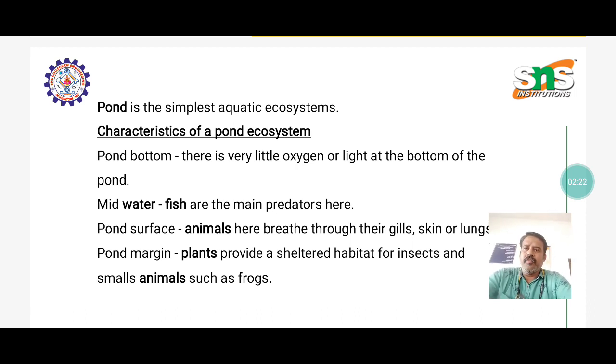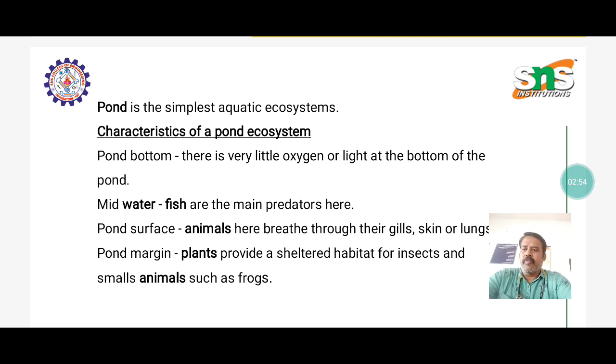The characteristics of the pond ecosystem are based on different categories that we discuss now. The first is the pond bottom, which has very little oxygen and light. Then mid-water, where fish are the main predators. Then the pond surface, where animals breathe through their gills, skins and lungs.